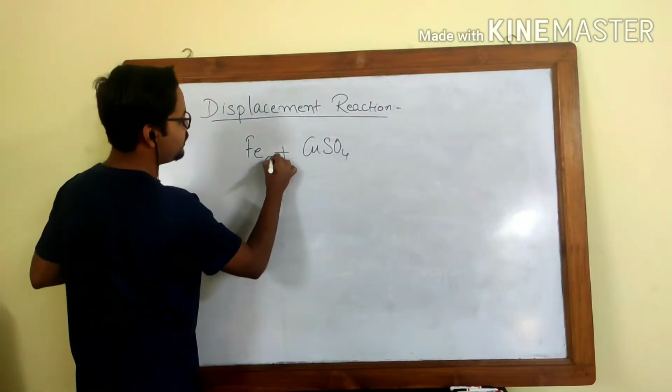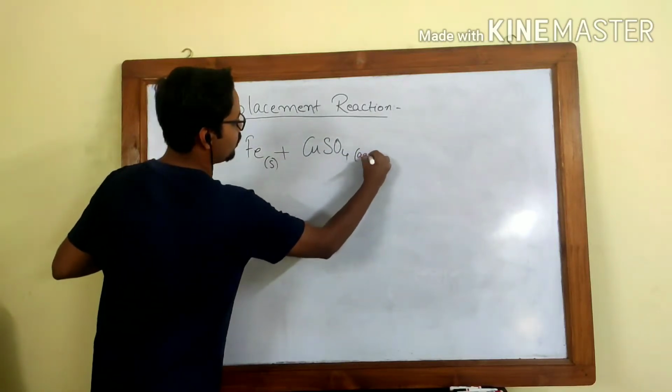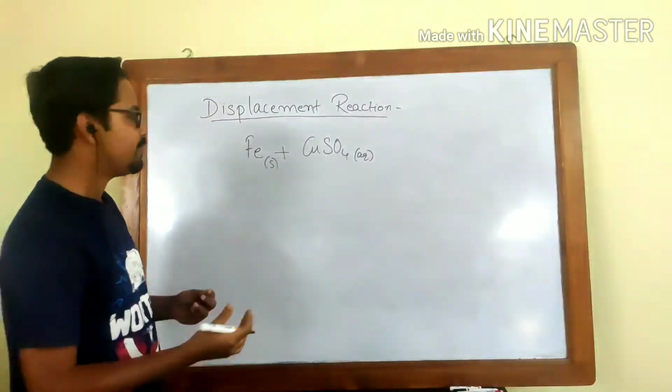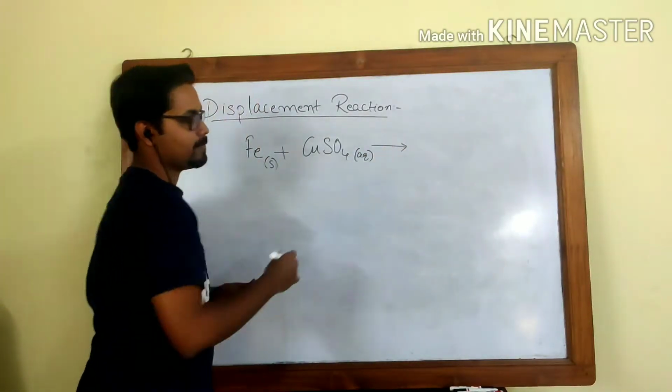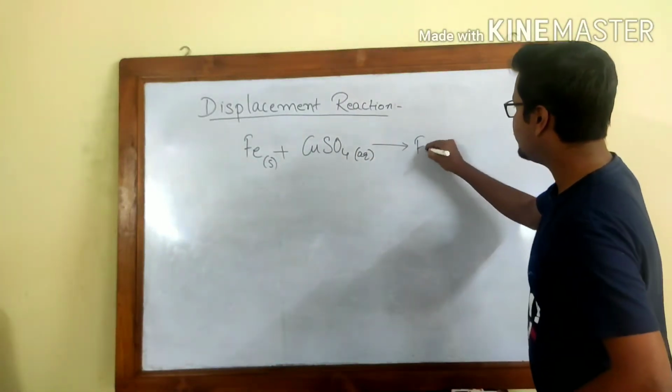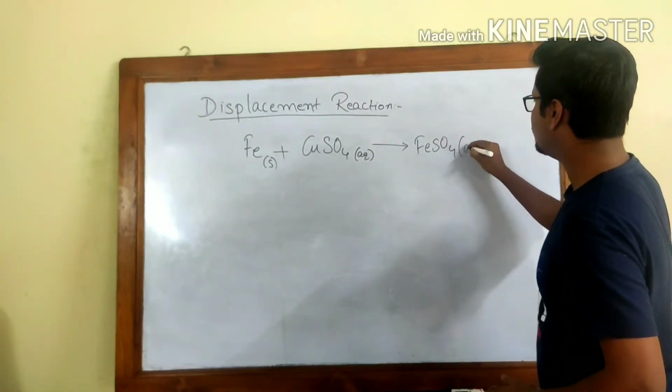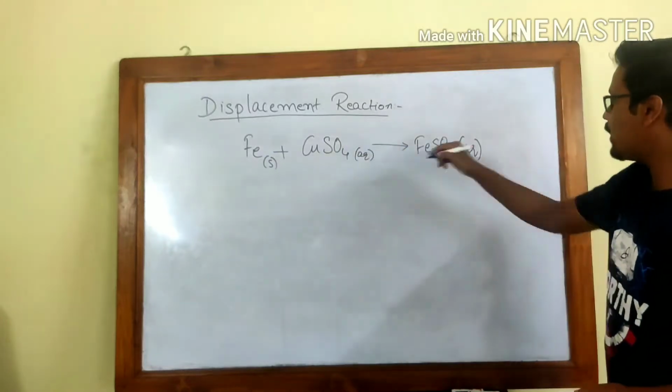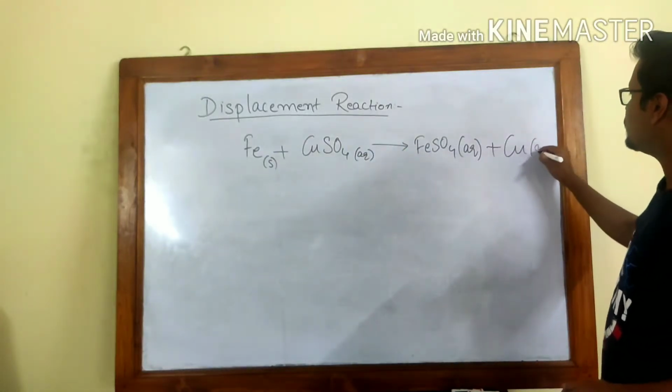So ferrous will be our solid, copper sulfate will be aqueous, meaning it is in a solution of water. So what will be the reaction? The solution becomes ferrous sulfate, FeSO4, and the copper comes out and becomes the solid.